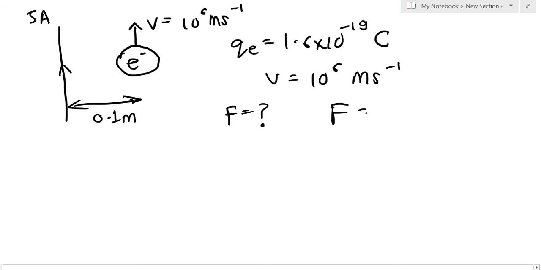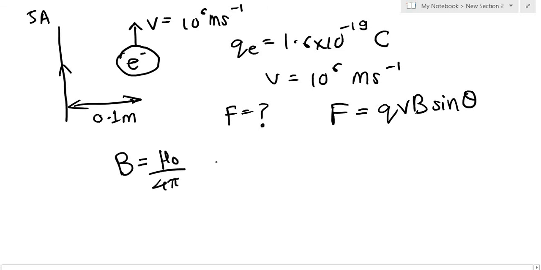Now, the force on a moving charge, the best formula that we know is QVB sine theta, right? We don't know the magnetic field. We know charge, we know velocity, but not the magnetic field. And we have an infinitely long conductor here, so we can easily find the magnetic field. The magnetic field of an infinitely long conductor is mu naught by 4 pi times 2I by R.